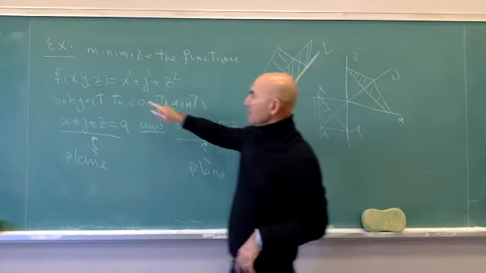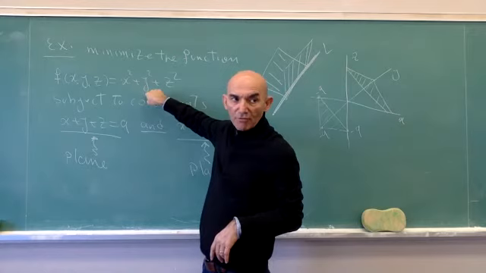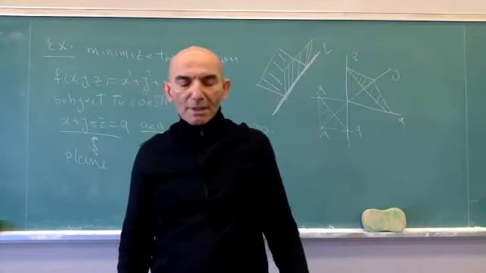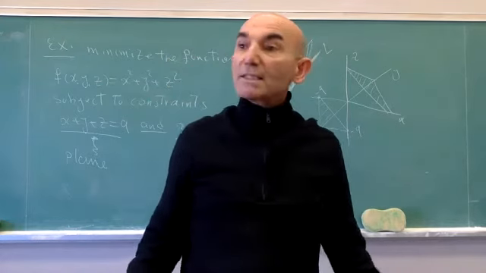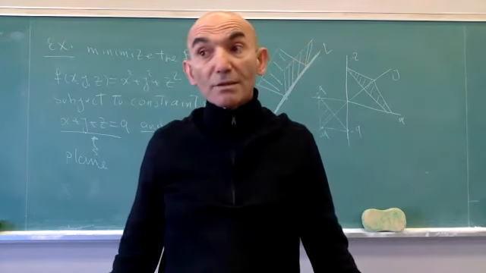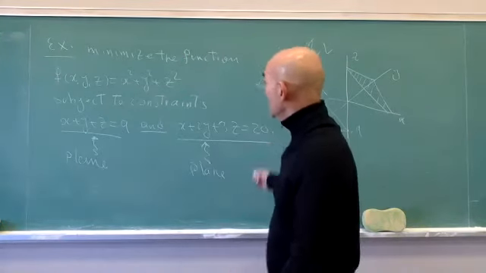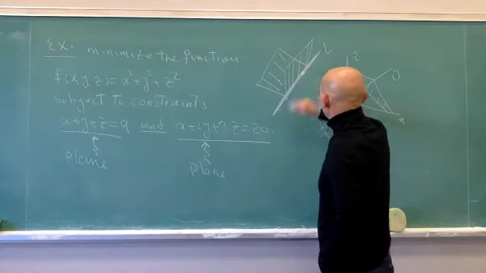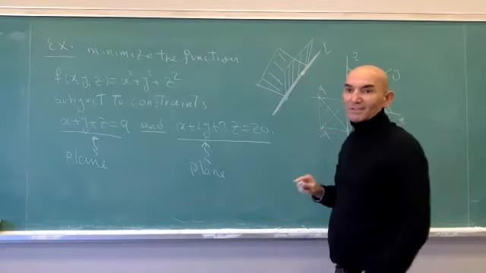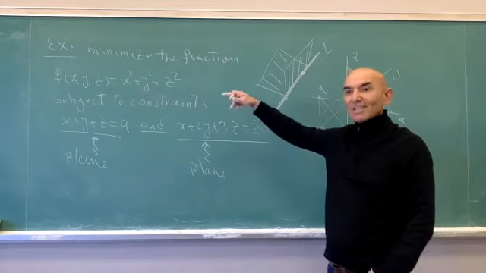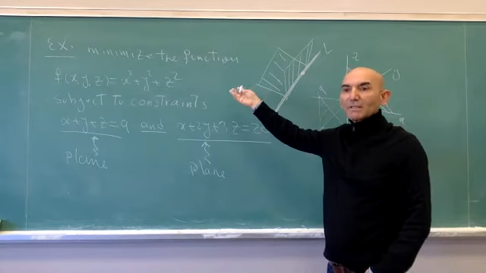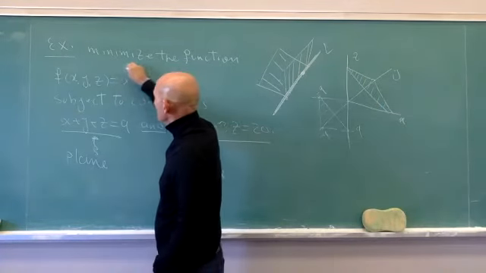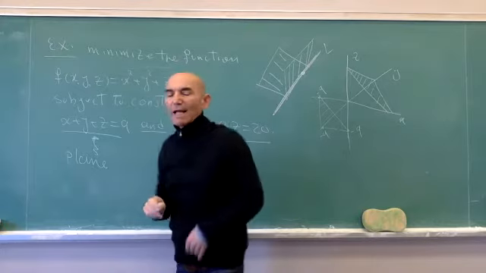But now, what we are asked to minimize is this function, f of x, y, z equal to x^2 plus y^2 plus z^2. What is that function? It is the square of the distance to the origin, right? So in other words, this question is asking: find a point on the line which is closest to the origin. It's a very geometric question. Of course, it would be a square root if it was exactly the distance, but that doesn't matter.